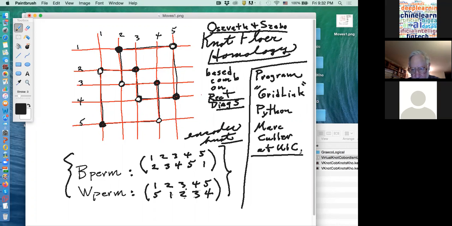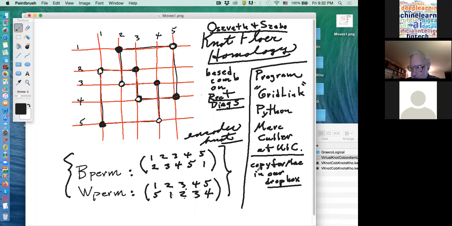And you can find it by looking for his web pages. But a copy for Mac computer will be in our Dropbox, in case you want to play with it.